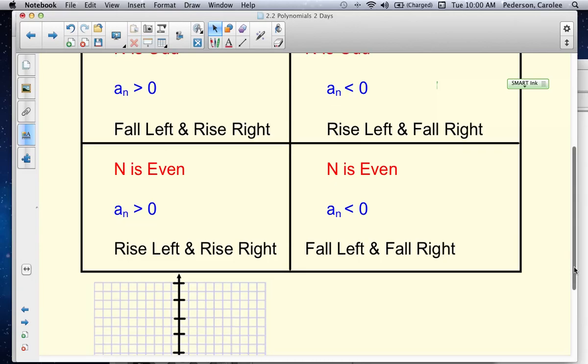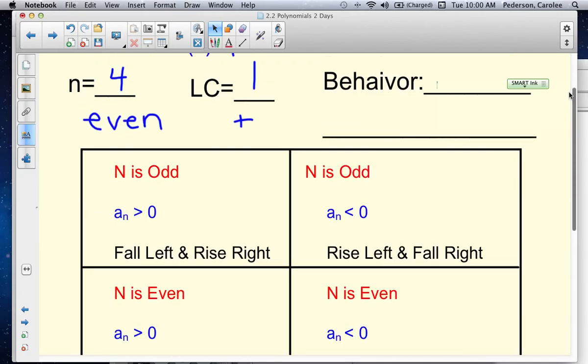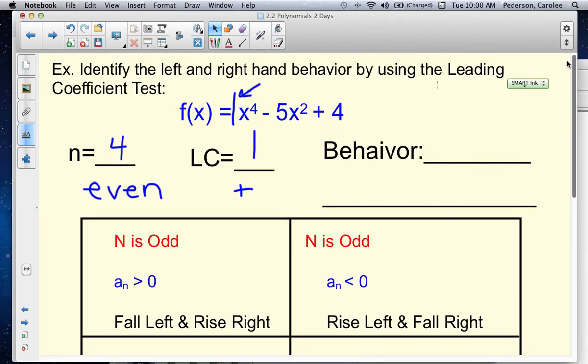And then if someone could take a moment on my smartboard, a volunteer, graph it on my smartboard. So you graph it with your graphing calculator first. Oh, you probably need the equation, huh? I'll write it up on the whiteboard because we're going to push this down. So y equals x to the 4th minus 5x squared plus 4.